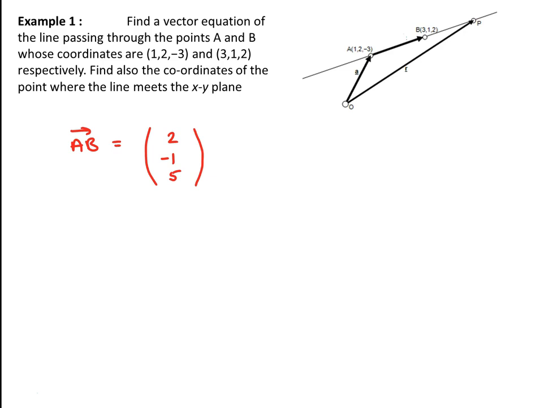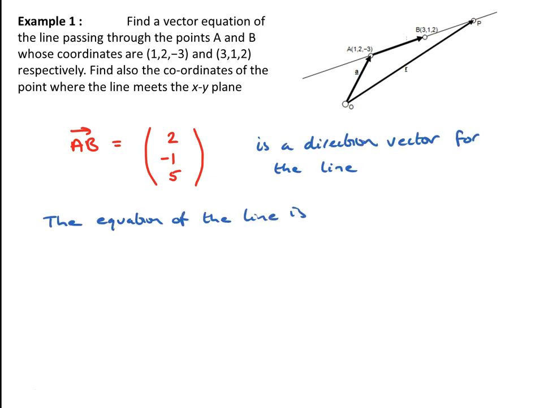So, for a general point on the line, we have r equals, first of all we need to move onto the line, and we've decided we're going to move onto the line at the point A. So this is going to be the movement (1, 2, -3), plus t times the direction vector for the line, which was (2, -1, 5).